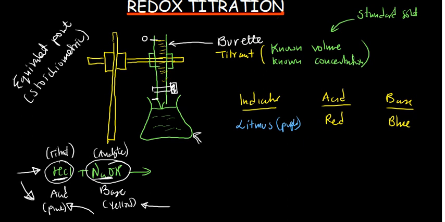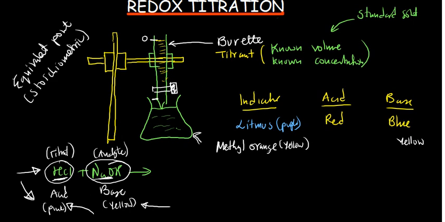And then the next one we have is methyl orange. This is another indicator. Methyl orange is a liquid and its color is yellow. So in a base, methyl orange is still yellow. But when you add it to an acid, it's going to change.